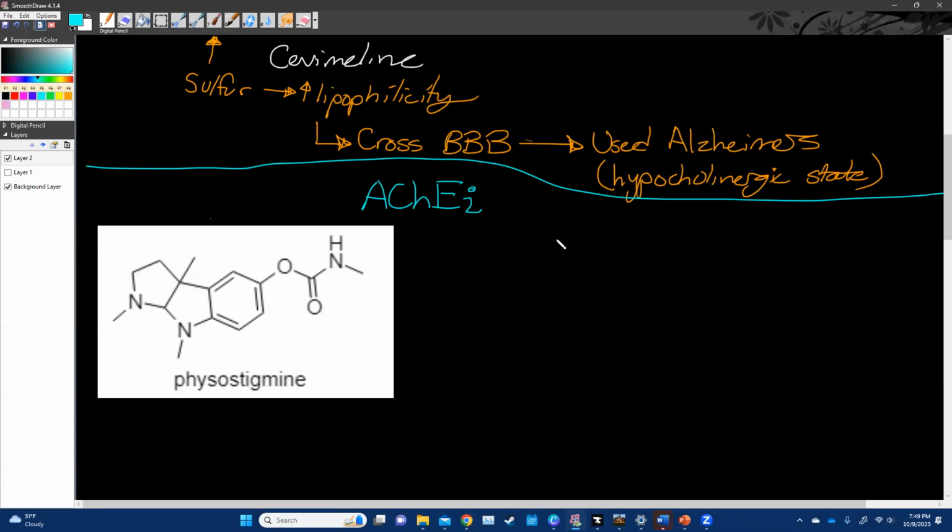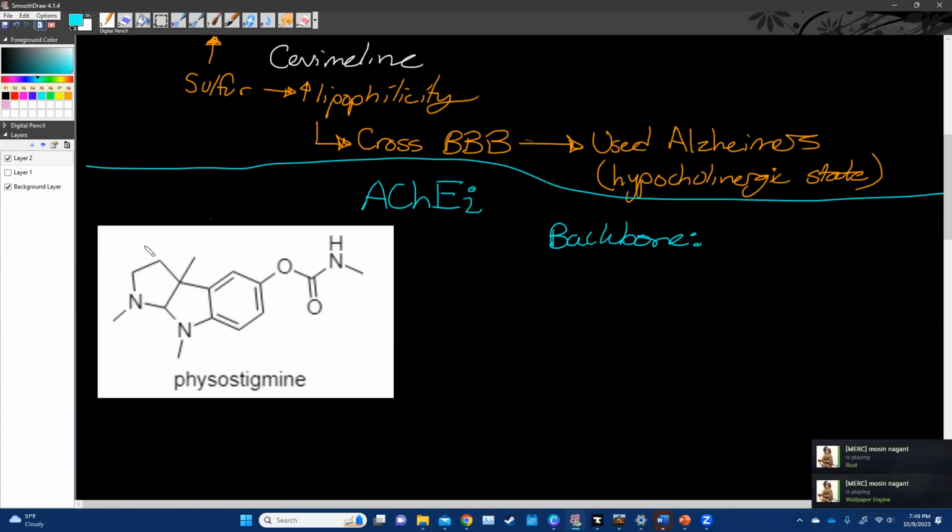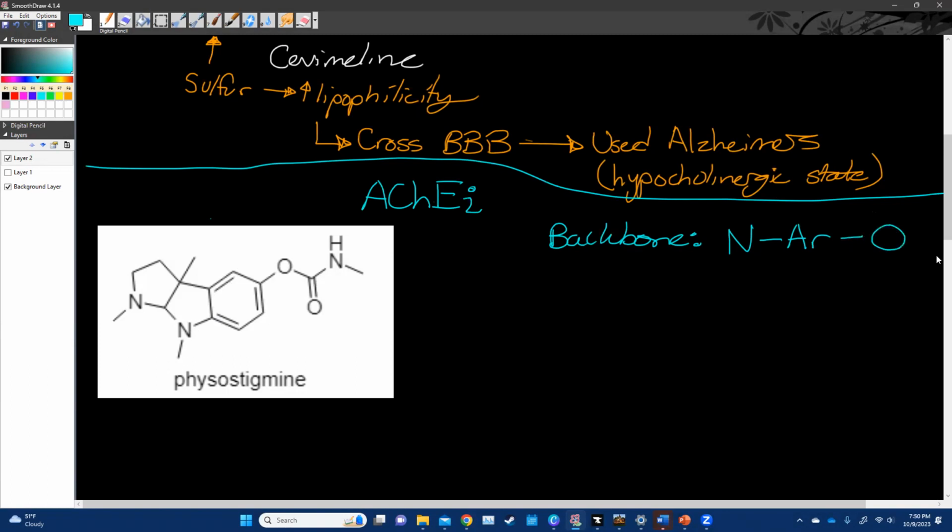They have a nitrogen on one end, then an aromatic group, like the phenyl, and then an oxygen on the other end.